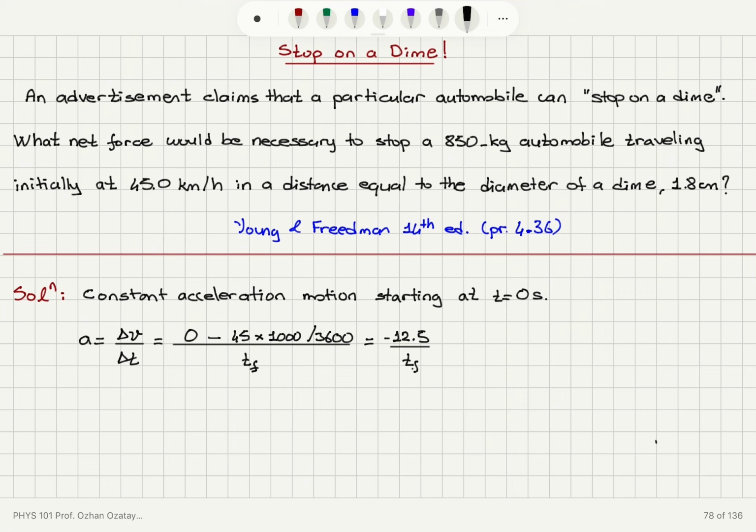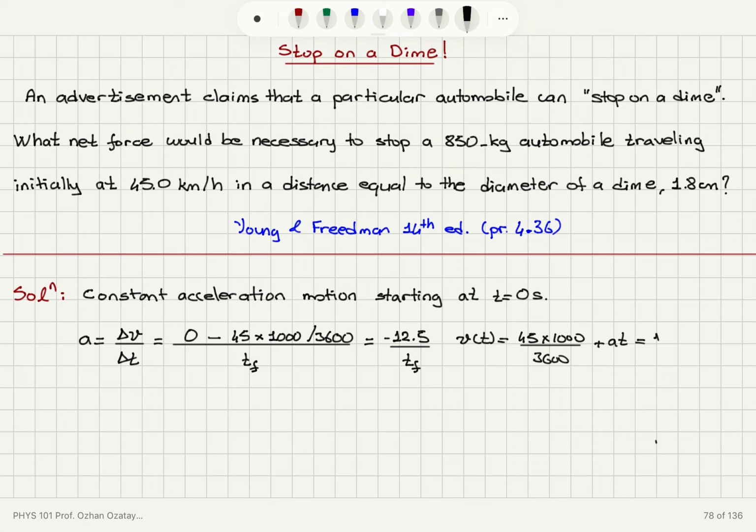12.5 divided by the final time tf. The velocity as a function of time will be equal to the initial speed, 45 times 1000 meters divided by 3600 seconds, plus at.